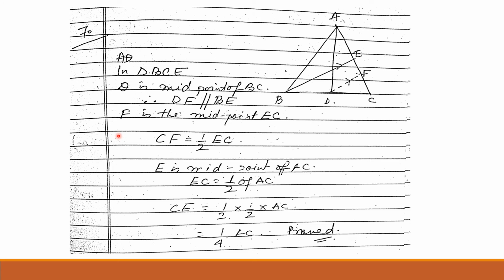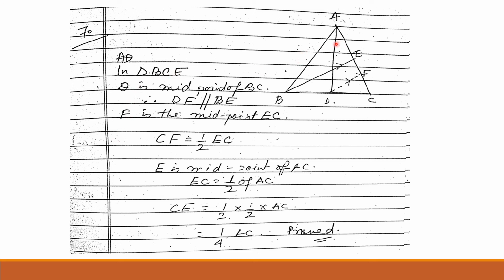Next is question number 7. In the given figure, AD and BE are medians of triangle ABC, and DF is parallel to BE. We need to prove that CF is equal to 1/4 of AC.